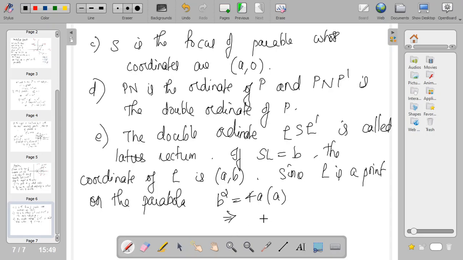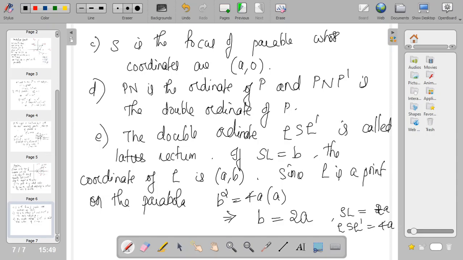so you have b square equal to 4a into a. So that implies b will be equal to plus or minus 2a. So you have SL equal to, so the ordinate will be equal to 2a and LSL dash will be equal to 4a.